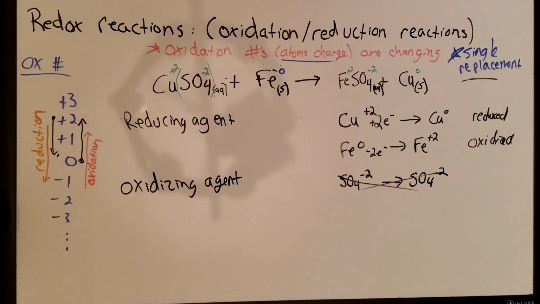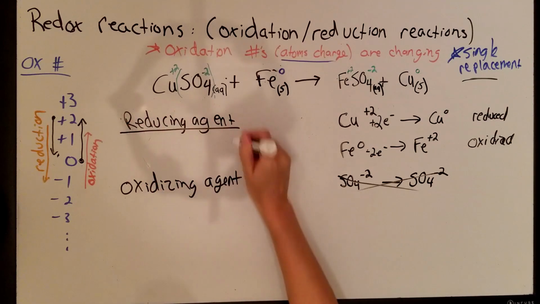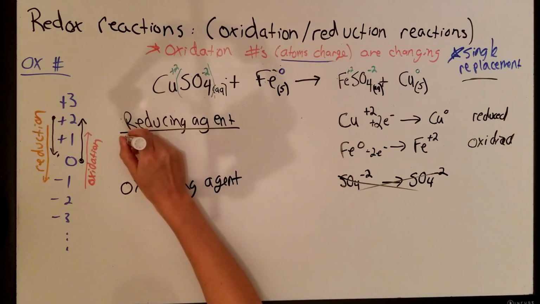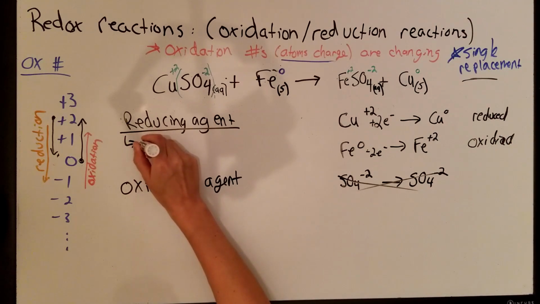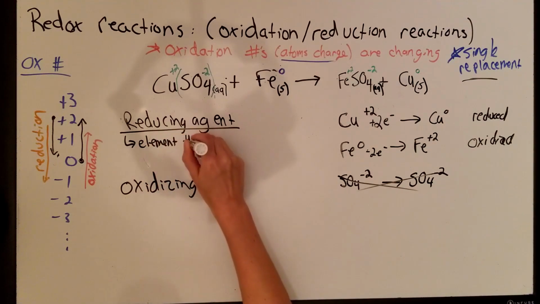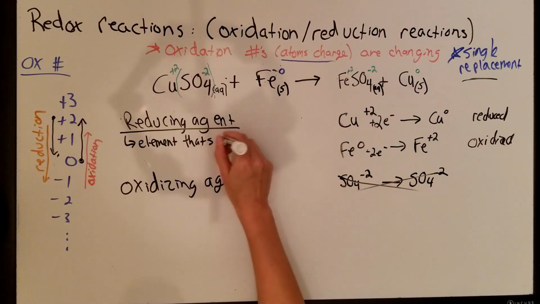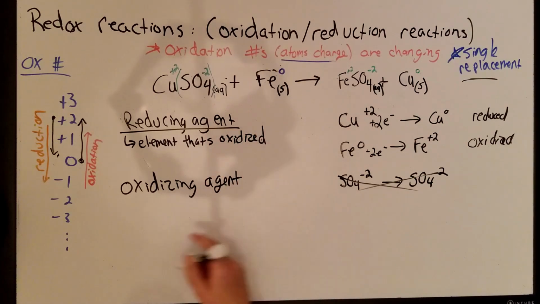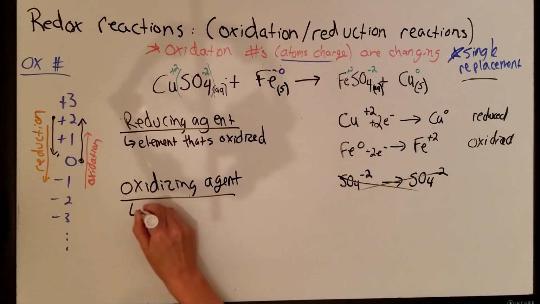If you can figure out who's reduced and oxidized, it's just the opposite. So the reducing agent is the element or atom that's oxidized because it's reducing the other compound. It's the agent reducing the other one.